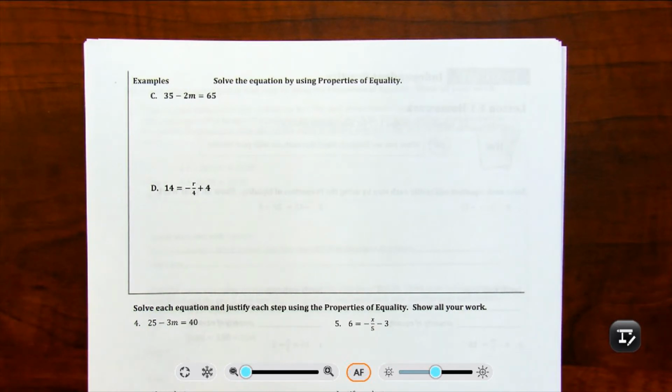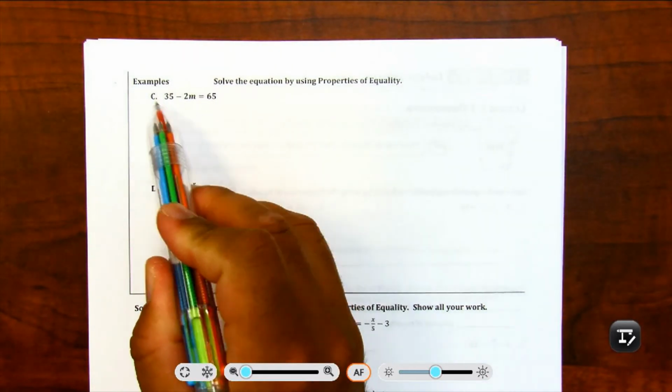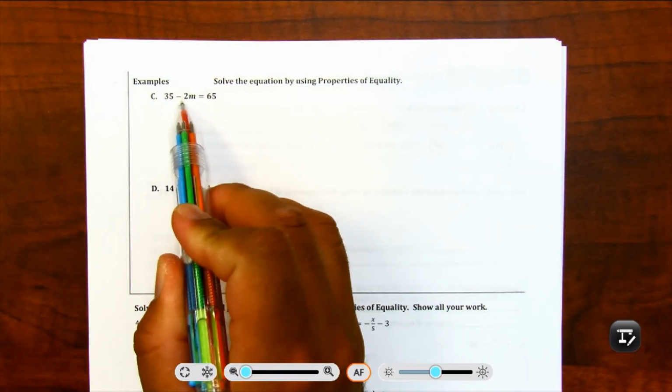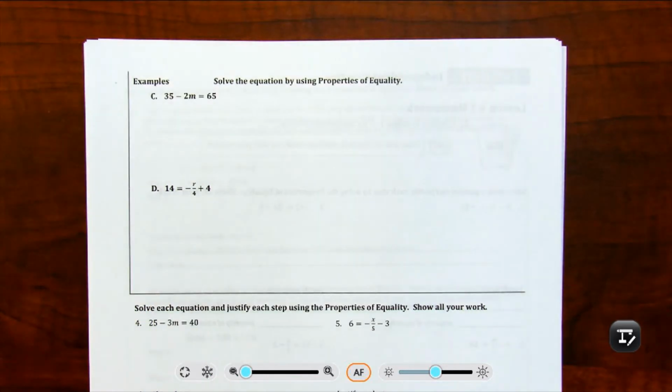For problem C, we have 35 minus 2m equals 65, and I want to get m alone on this side. I want to move the 35 to this side, and I want to move the negative 2 to the right side. So we start with addition and subtraction properties of equality, and we will start with the positive 35.